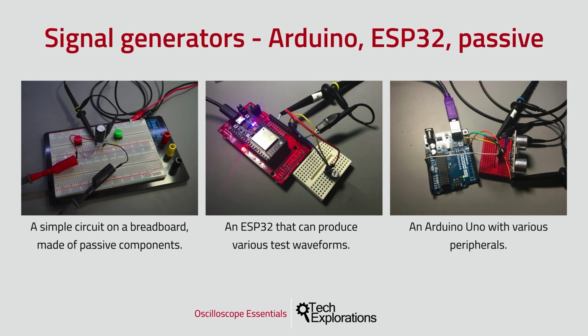And with a capacitor on the tiny breadboard, you'll be able to configure the frequency of those signals that come out of it. And on the right side, we've got an Arduino Uno connected to a variety of sensors. We'll be able to use the oscilloscope to see what the signal coming out of those sensors looks like, and we'll be able to take measurements.